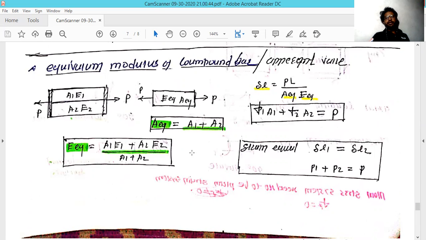Here you are given a composite material which has different areas with different moduli of elasticity, which simply shows different materials. Now you have to find the equivalent, which they sometimes call the apparent value, compound bar apparent value, or equivalent modulus. This is a very particular condition.